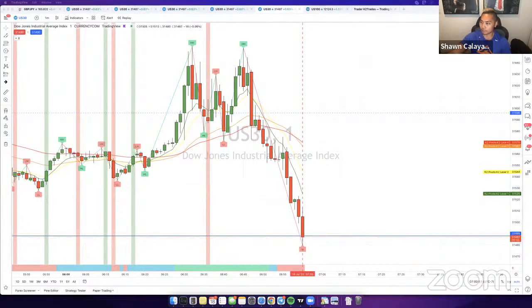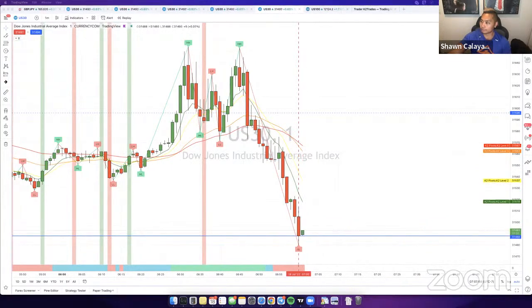But there's probably going to be things I can add to make it better. It has a pretty solid win rate over the past couple months. I'll have to figure out a name for it too, or we'll just incorporate it into the 10-minute intraday.